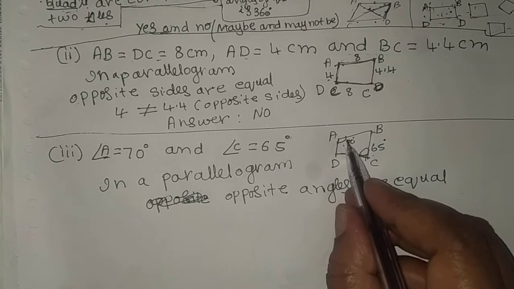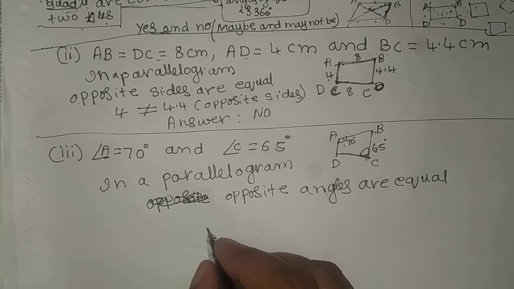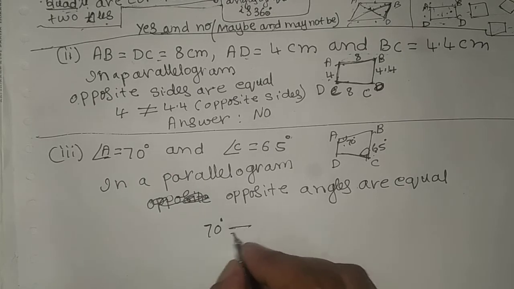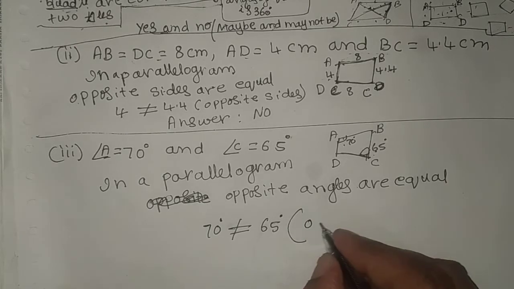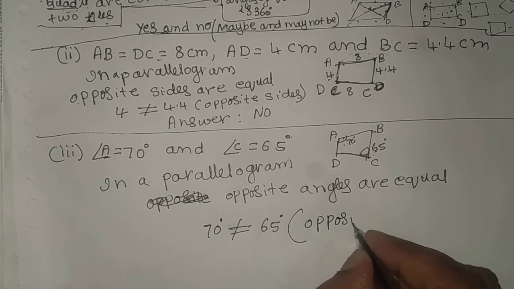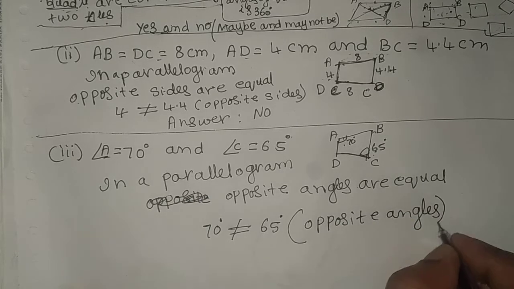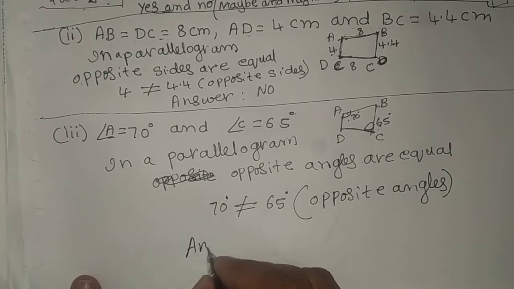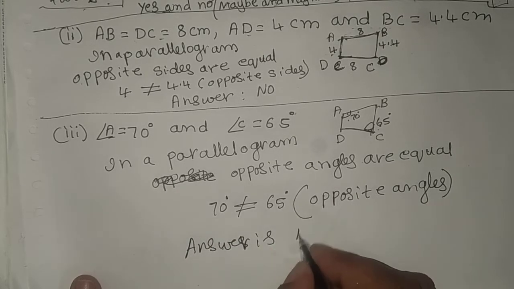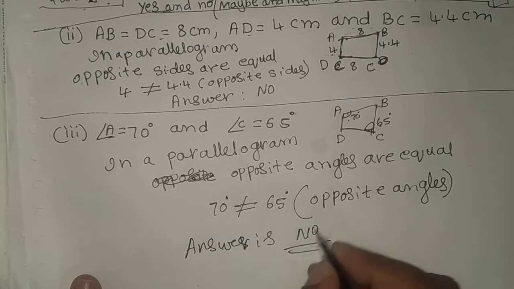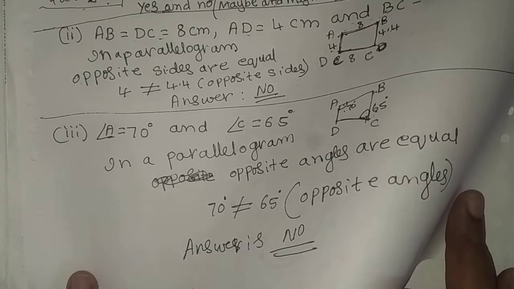Here A is 70 degrees and C is 65 degrees, therefore 70 degrees is not equal to 65 degrees, opposite angles. Answer is no. So this is the solution for question 3, third.